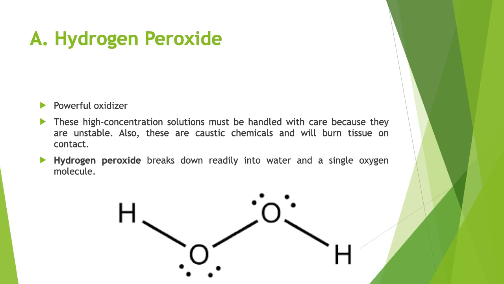So this is the structure of hydrogen peroxide. It's a powerful oxidizer. It's very unstable because of the oxygen bond, because of the repulsion between the electrons on the oxygen atoms.